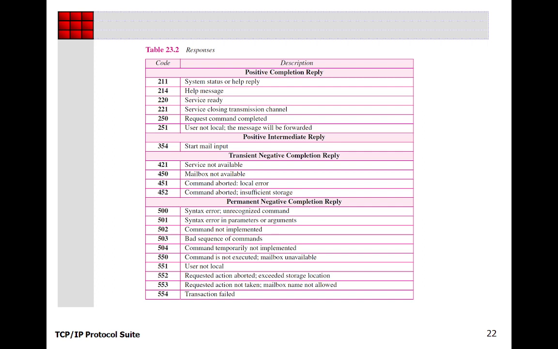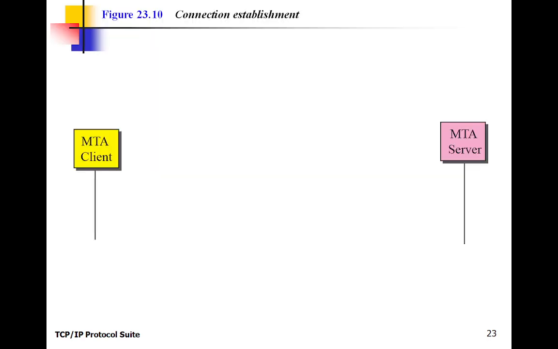There are various codes we use: a positive completion reply, an intermediate reply, or a negative reply. Whatever is available will be denoted here. Based on the client's request, your server may provide a response, and your response may change. And connection establishment.